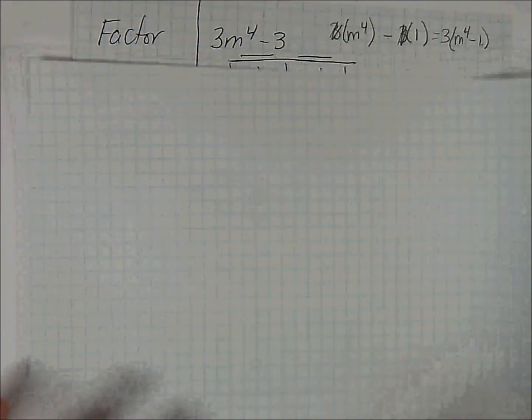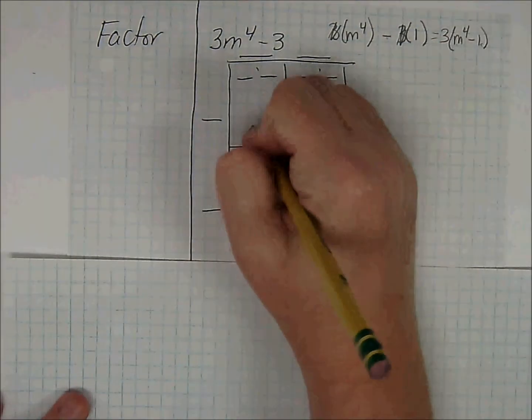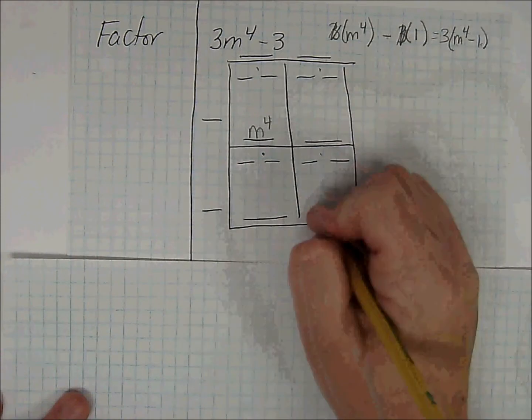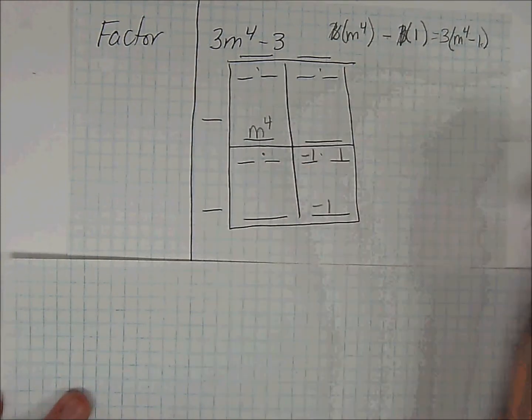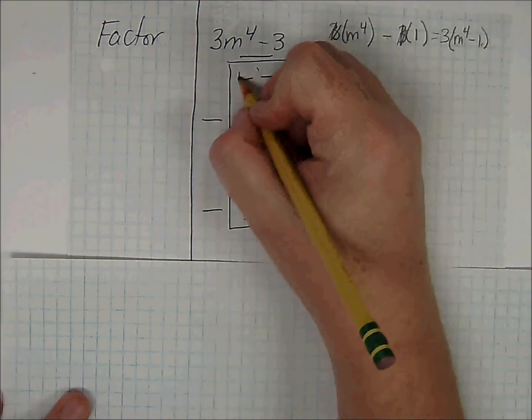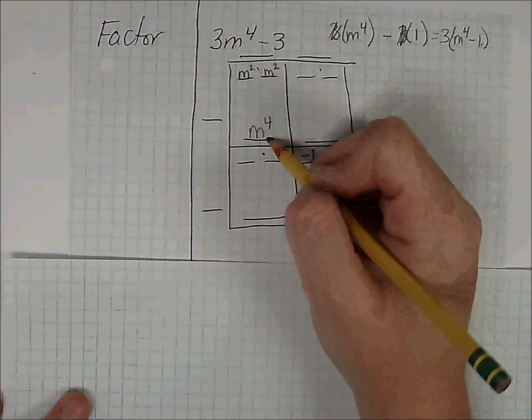And let me show you what you do again. M to the 4th goes here. Negative 1 goes here. And the only way I can get negative 1 is negative 1 times 1. I'm going to try the square here of m squared and m squared. Because these two make m to the 4th.